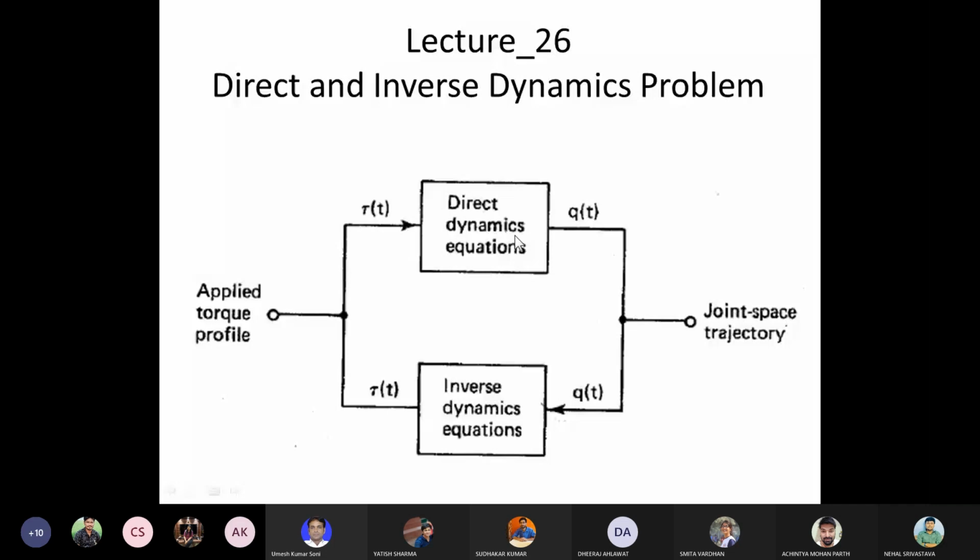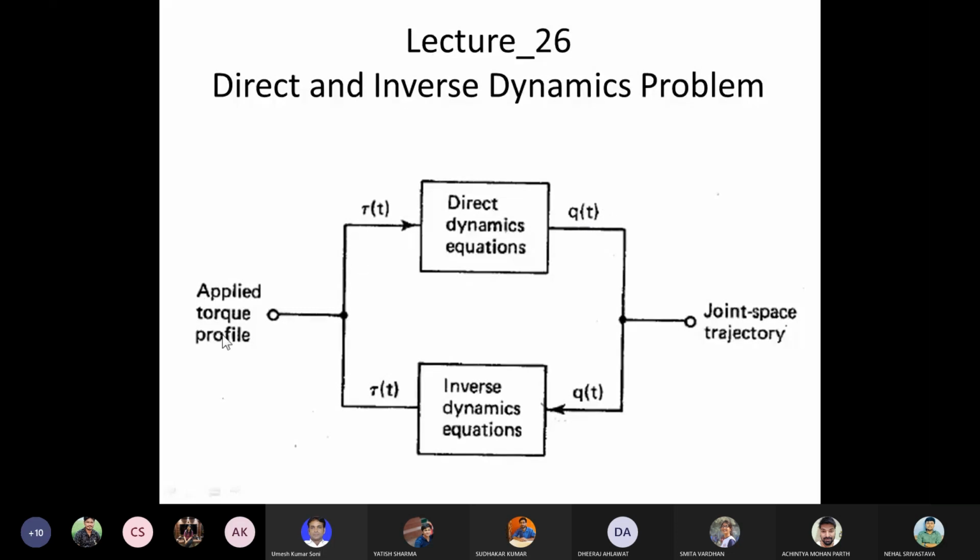Once we have the given torque, we calculate how much there is a variation in the joint angles. Suppose you have determined q(t), and you can also determine q dot(t) and q double dot(t).